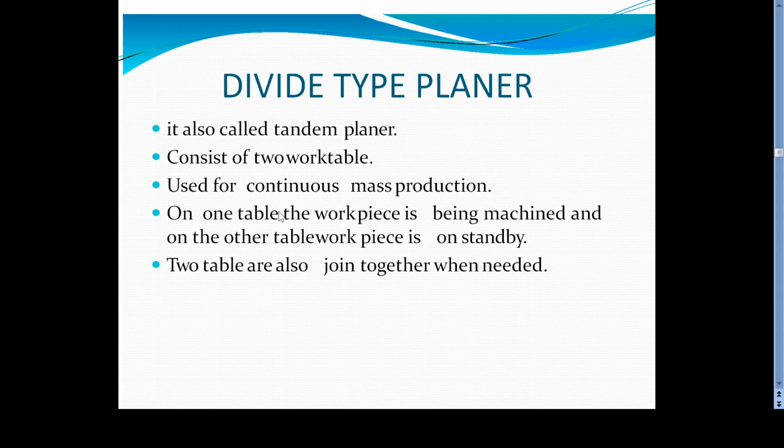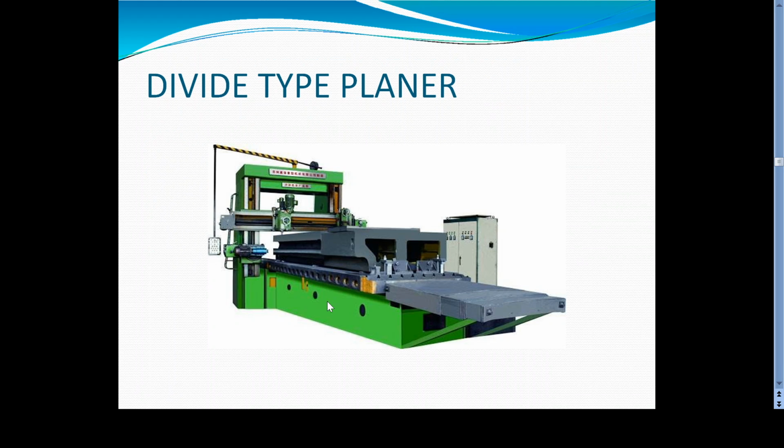That means you can save time. The two tables can also be joined together to get a long bed. That is also possible. So this is the divide type planer.